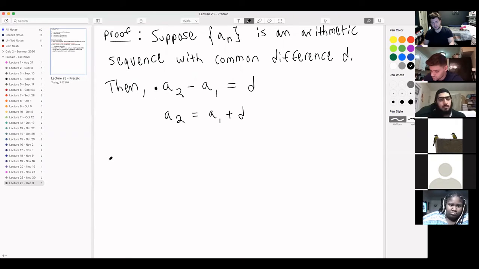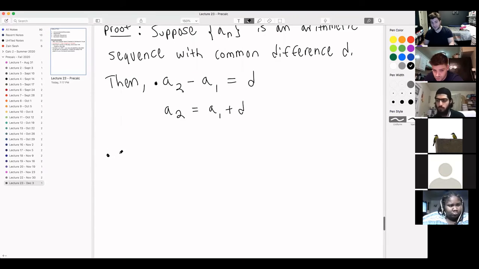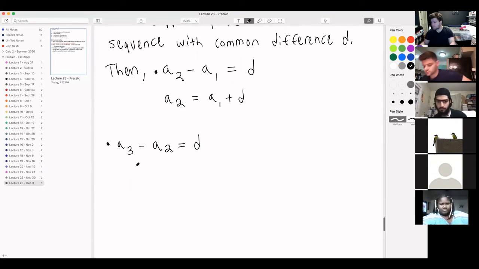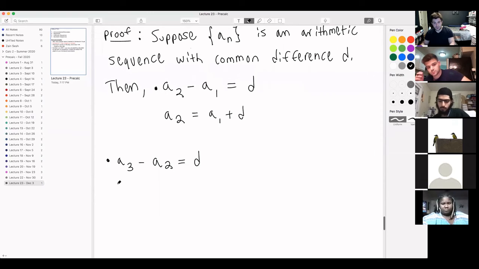Now let's do this again with a3 minus a2. These are consecutive terms, so when I take their difference, the result will be d. Now you replace a2 with what we got for it up here.